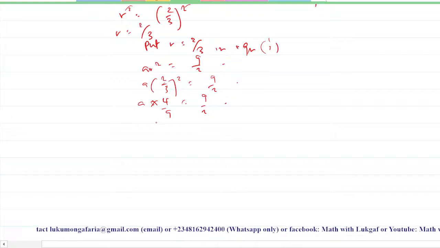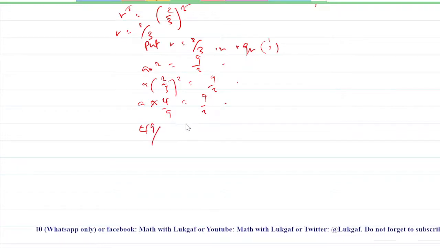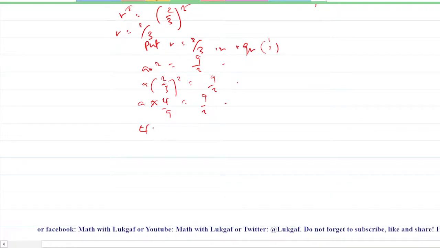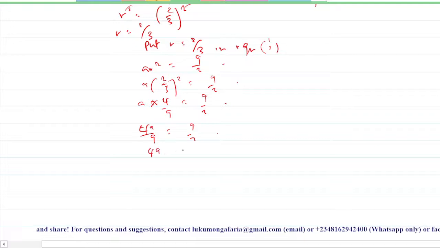You understand now? So then you can just say 4a divided by 9 is equal to 9 over 2, so that you can do your usual cross multiply. You just multiply through by 9. This will give me 4a is equal to 9 over 2 times 9, because now we cancel this.